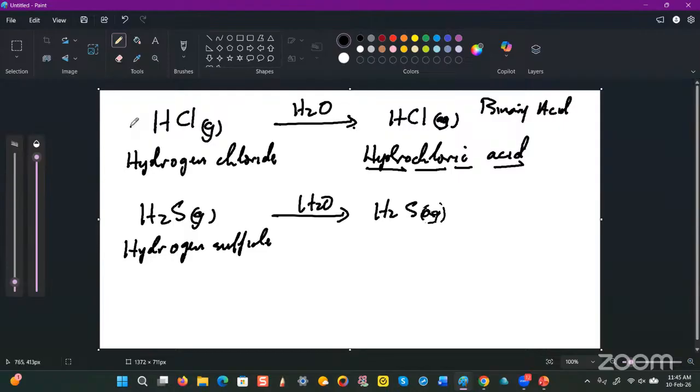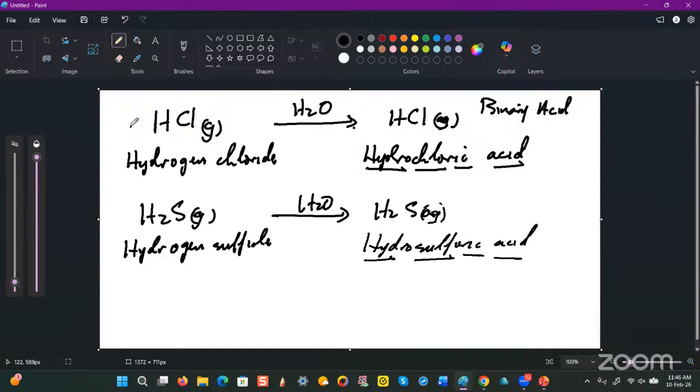So the name of this acid is hydrosulfuric acid. Again, you see how the name is structured. You have hydro, then sulfur, which is actually the full name of that element, and then it ends with ic acid. So it's hydrosulfuric acid, all right?